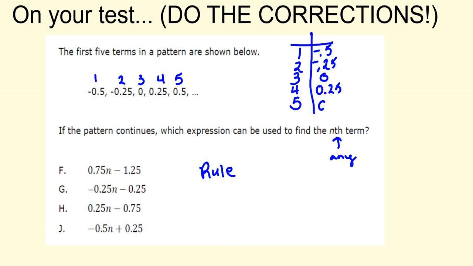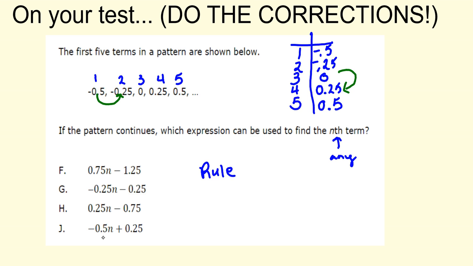Okay, so after I rewrite that as a table, it looks a little different to me. So this looks to me just like slope-intercept form, really. So I know what I multiply by is always my rate of change. Lots of us made the mistake of thinking that that was my first term. But I'm not going to add negative 0.5.